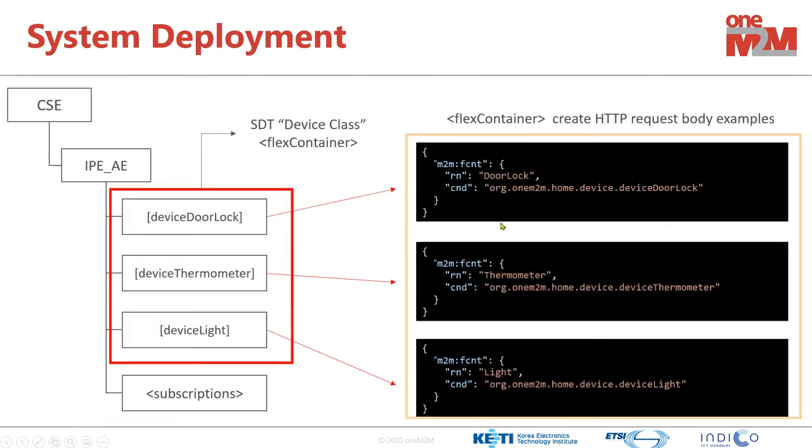So this is the resource tree on the left hand side. In the CSE base, there's the Zigbee IPE as the AE resource, and under that AE resource we represent 3 different devices. In this tutorial we use door lock, the thermometer, and the light.